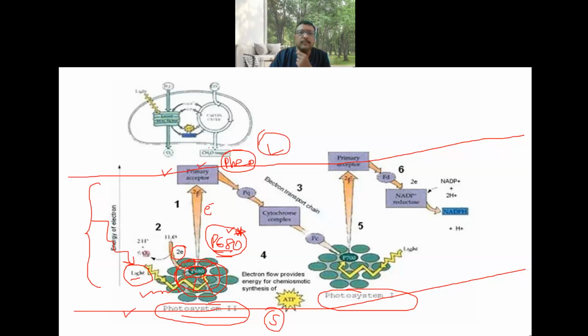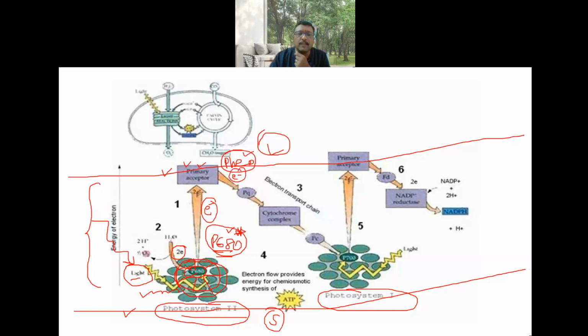When the electrons pass from one carrier to another carrier, they lose energy. So first, in the photosystem, the light enters, the light energy is passed from the accessory pigment to the reaction center. The reaction center loses the electron, which is accepted by the primary electron acceptor pheophytin.